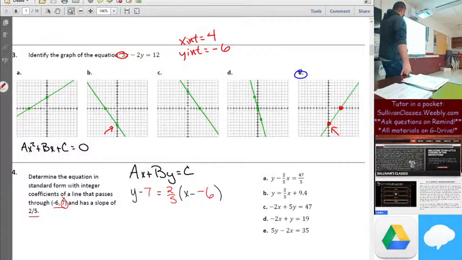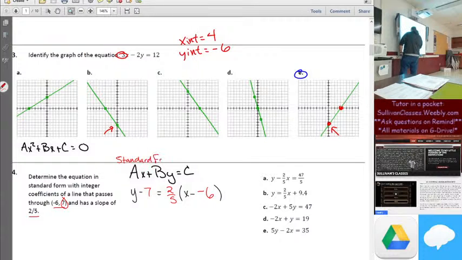Put next to these problems what standard form is. Don't just write this. Next to it, write standard form for lines. So you remember that's what it is. Maybe next to these problems you say, read the instructions, what form do they want?